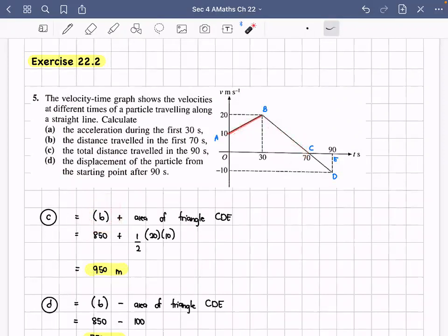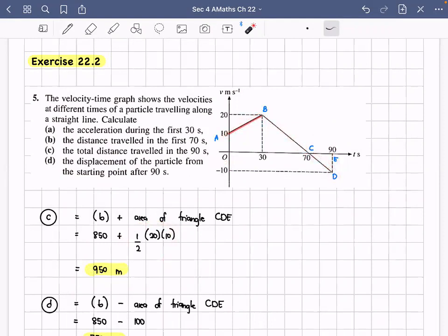How do we find the distance of CD? By finding the area of this triangle right here. Your base is 20 and your height is 10. Therefore, your answer is 950 meters. So from here until here, that's 950 meters.